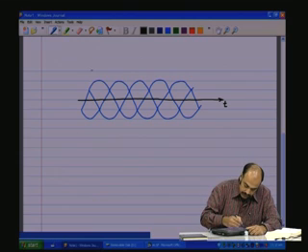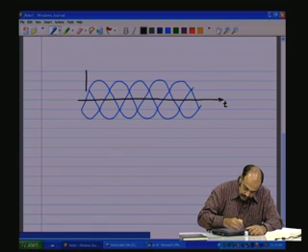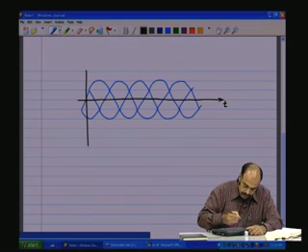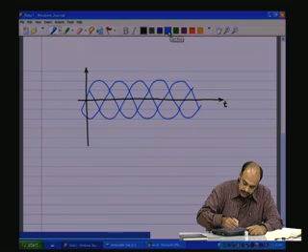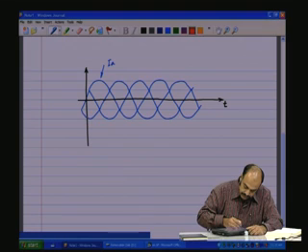Now let me have the axis, the vertical axis at this point, the 0 point here. So blue is the A phase, and let me call that as IA. 120 degrees phase shifted would be our B phase, and I will use the red color for that.